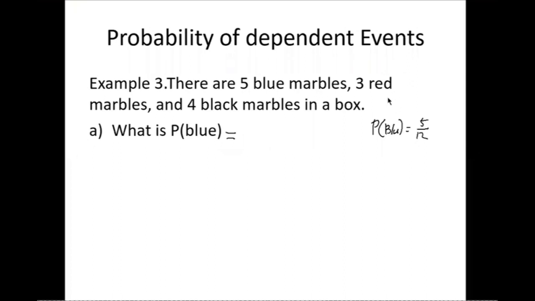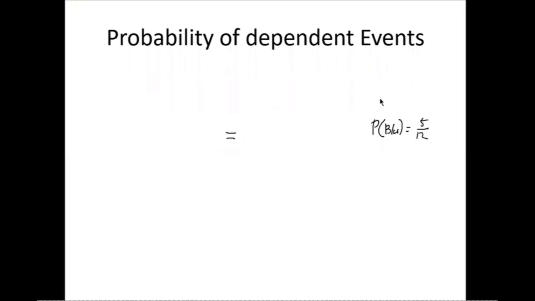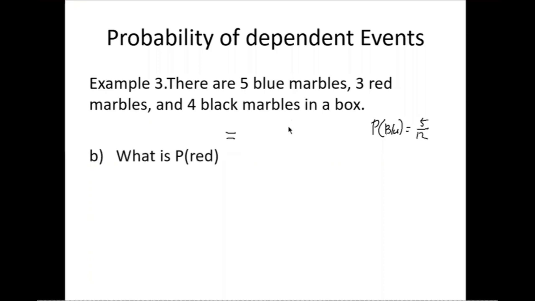Next. What is the probability of red? Okay, so sa red naman, ang red natin ay 3 out of 12. So, probability natin ng red ay 3 out of 12.